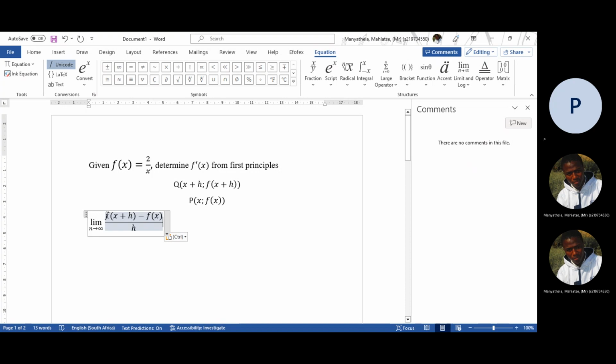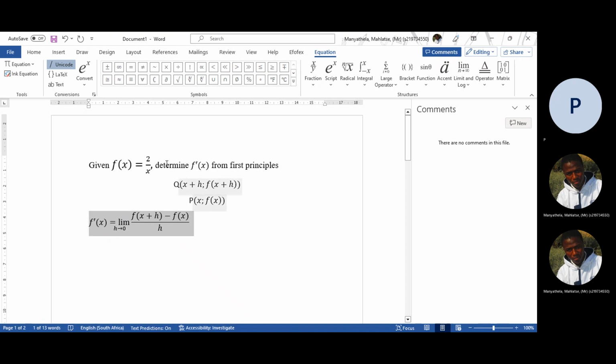It says f prime of x equals the limit of the function as h approaches 0 of f of x plus h minus f of x, all over h. This is the formula that we're going to use to derive the given function from first principles.